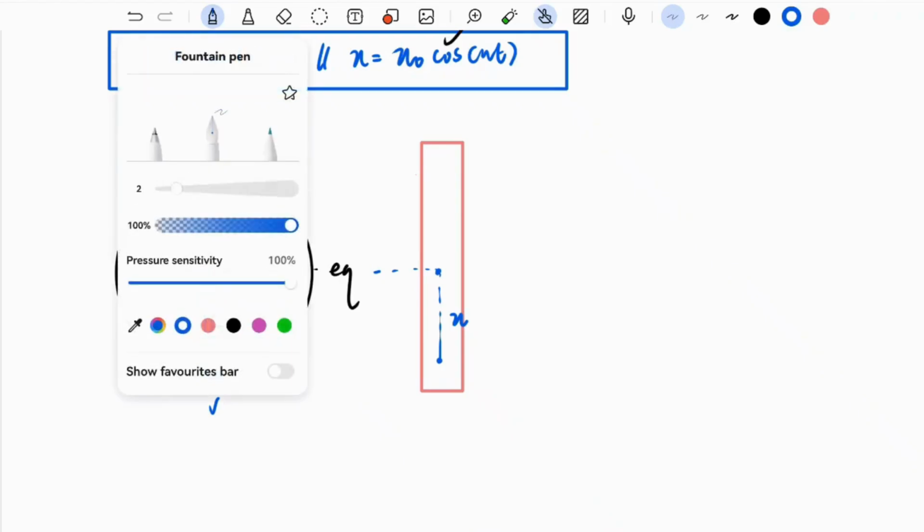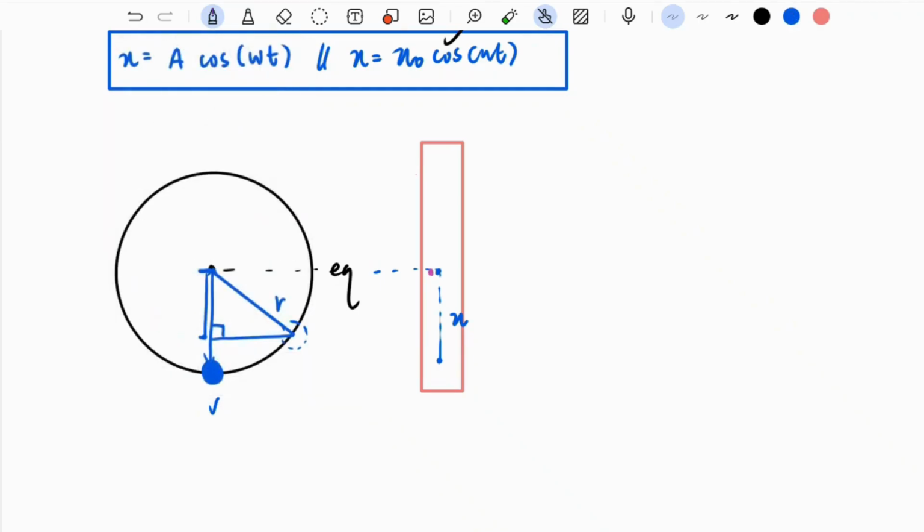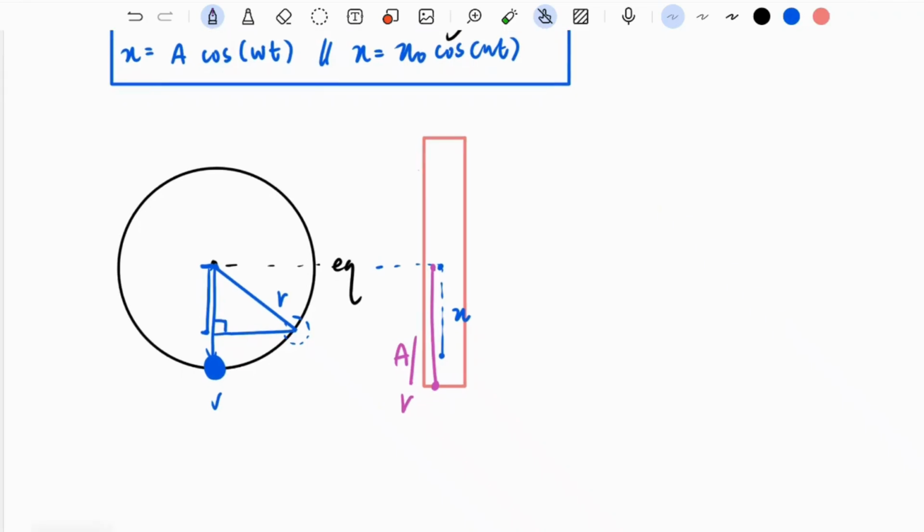The distance from equilibrium to the lowest point is your amplitude, or your R. It moves from here to here through a certain angle.